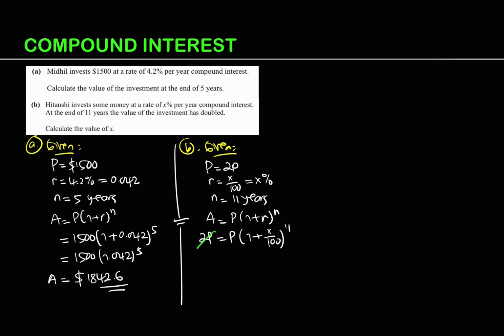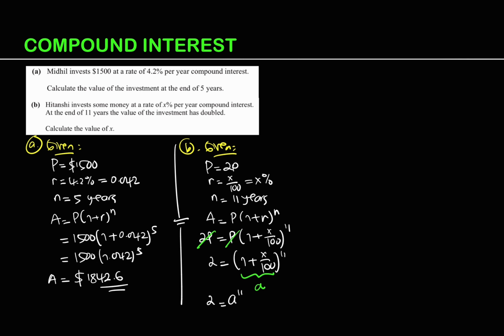Now we can cancel this. Then that turns into 2 equals (1 plus X out of 100) to the power of 11. We can assume that this is A, so that we can write that as 2 equals A to the power of 11.